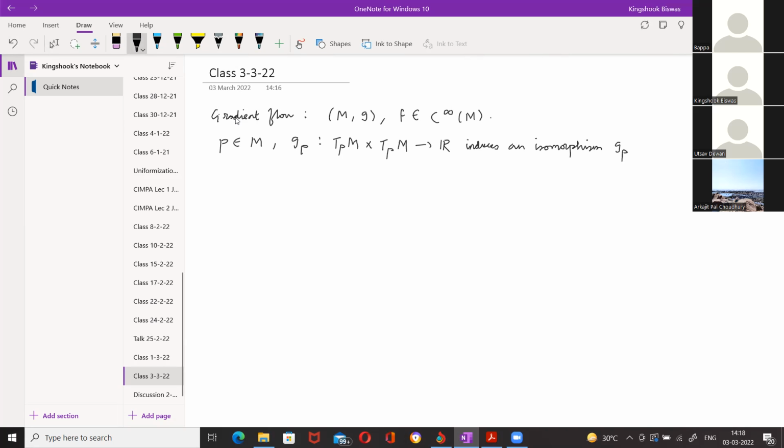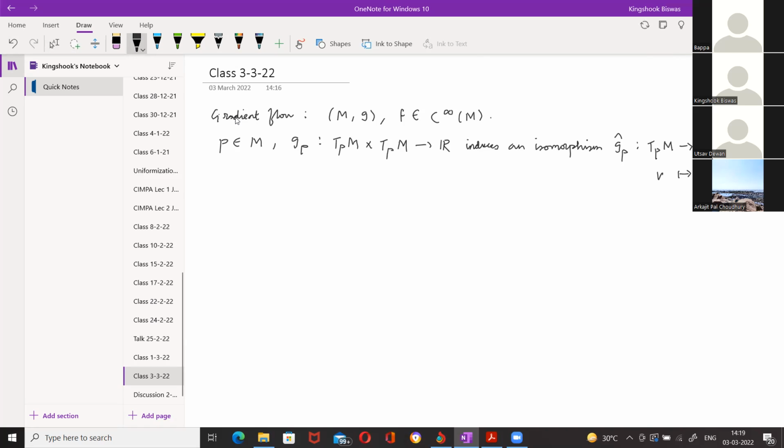Let me call that ĝ_p from T_pM to T_p*M, the cotangent space. What is the isomorphism? v goes to the linear functional w goes to g_p(v, w). Right?